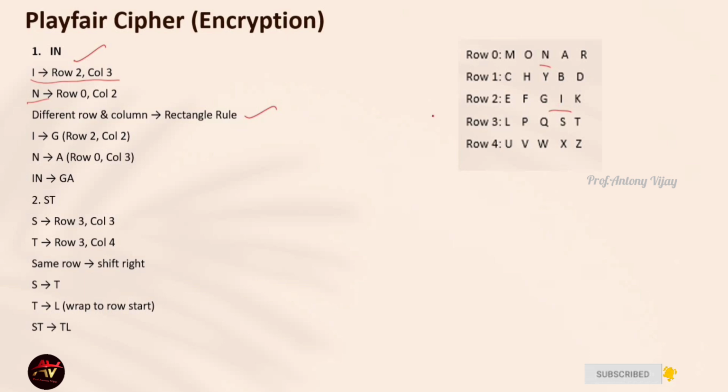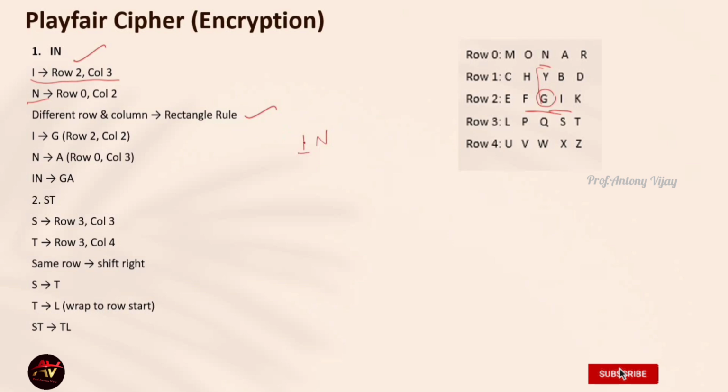In the rectangular rule, first you take IN. The neighbor for I is N, so you have to take care of the same row. You draw a line like this, and you will get G here.